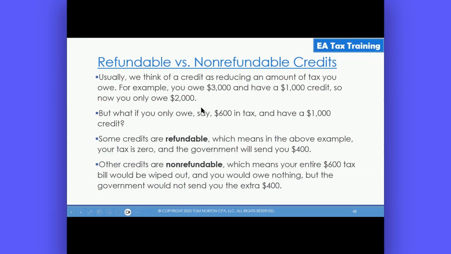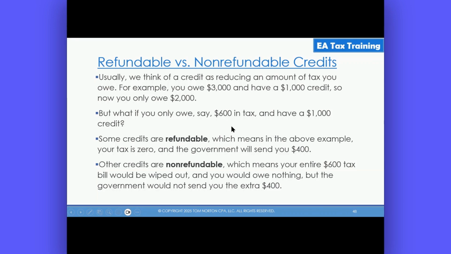Well, again, we normally think of a tax credit. If you owe $3,000, you have a $1,000 credit. Now you only owe $2,000, dollar for dollar reduction. That's great. But what if you only owe, let's say, $600 and you've got a $1,000 tax credit? What happens then? Well, if you have a refundable tax credit, then first of all, you're not going to owe that $600.